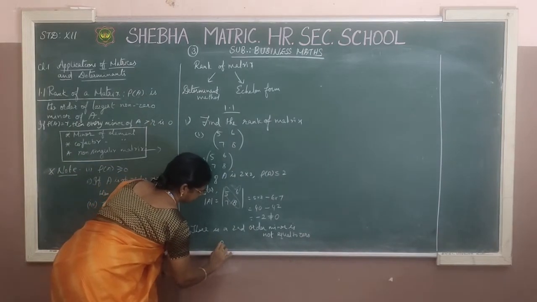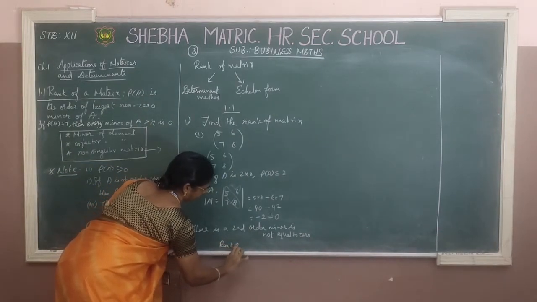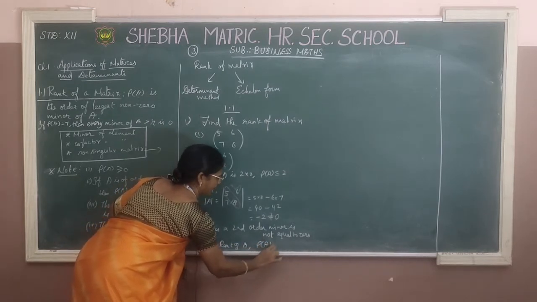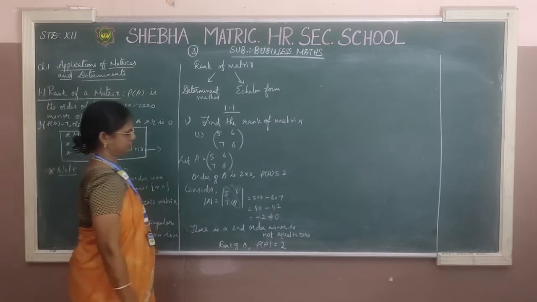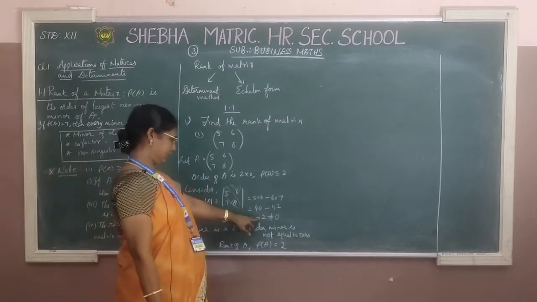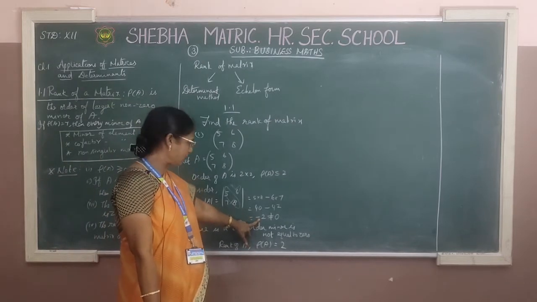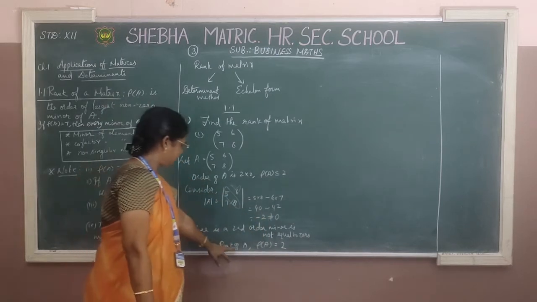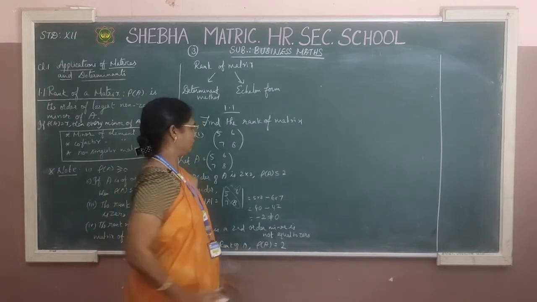Therefore, our rank, rank of A denoted by rho of A, is equal to 2. Okay. If it is non-singular, non-singular means what? If we get not equal to 0, then that is the rank of the matrix.